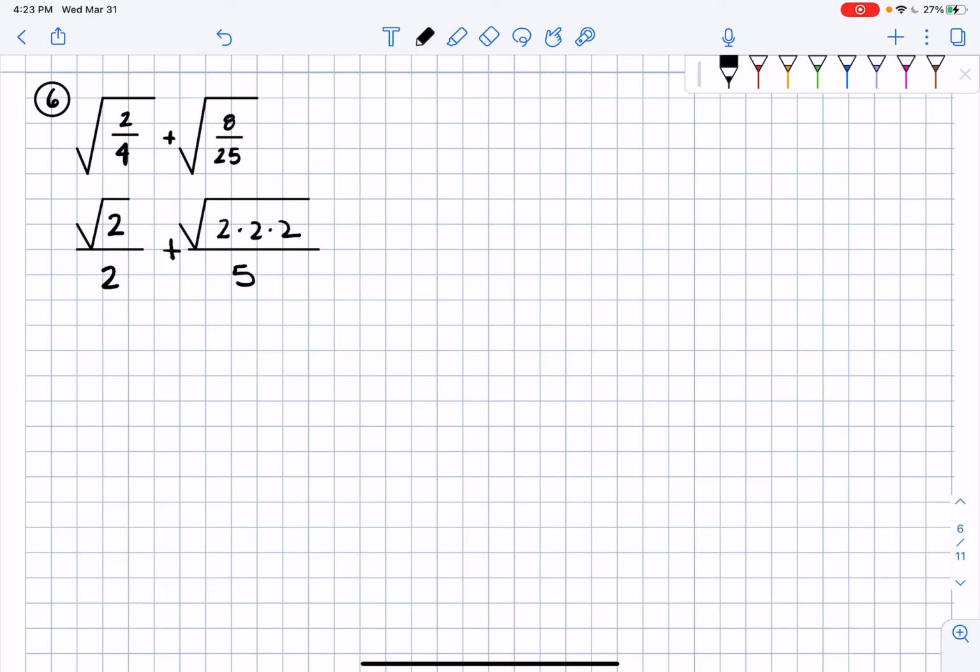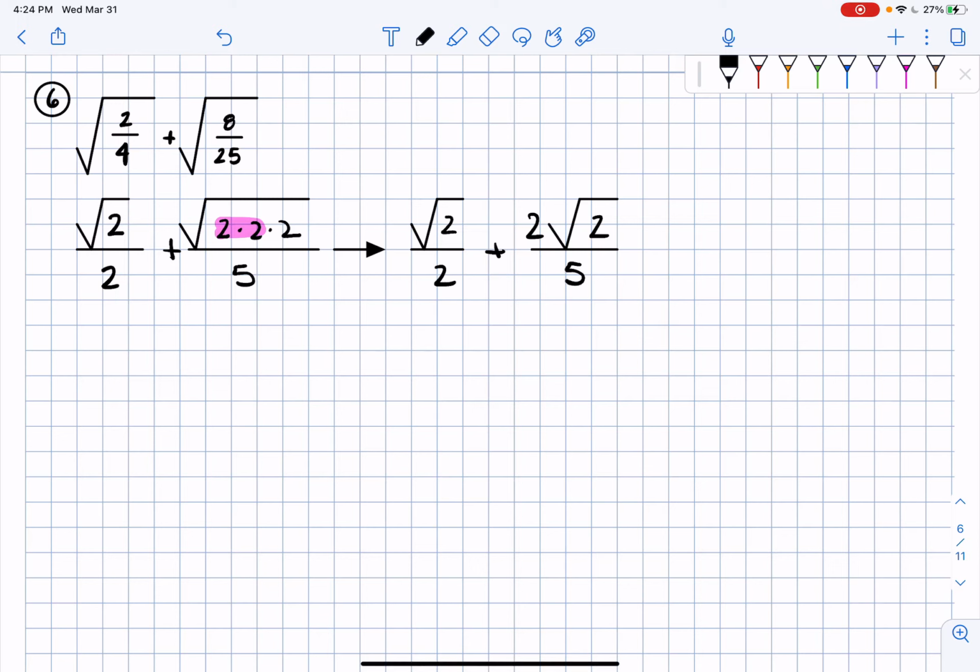Okay? So let's go a little bit further into this. So I got the square root of 2 over 2 plus, since I have a pair right here, that's what I'm going to actually do. So I'm going to have a 2 square root of 2 over 5.